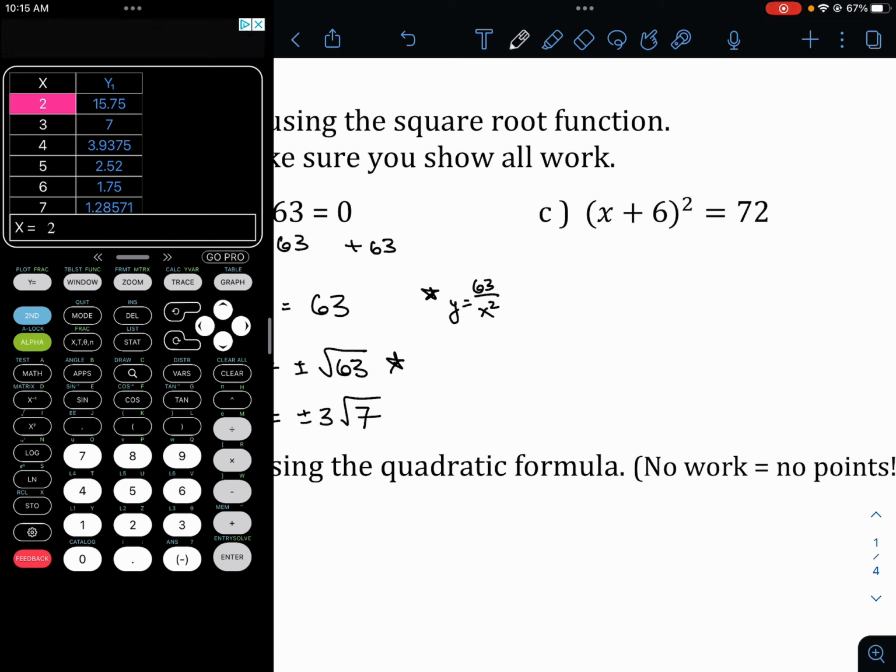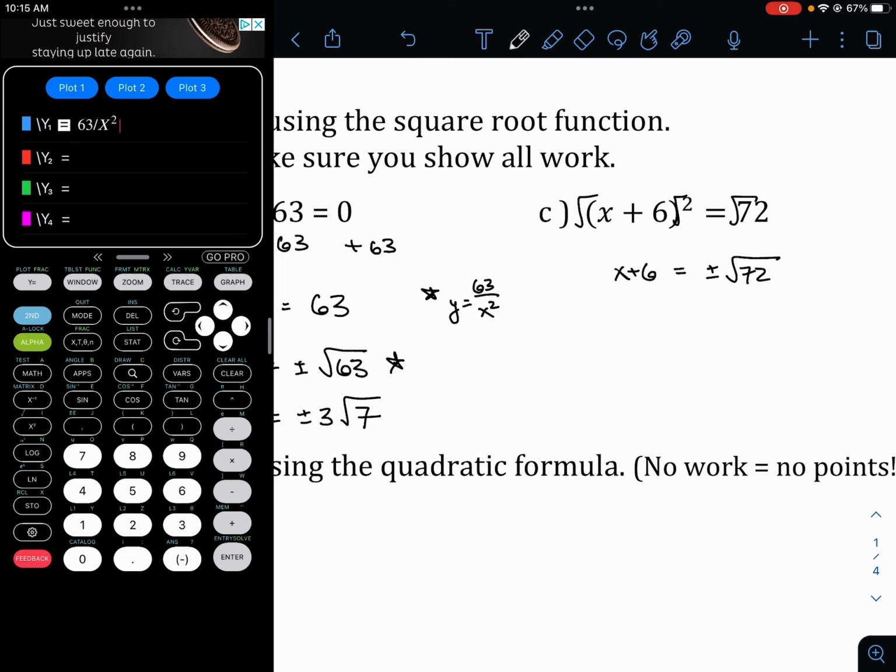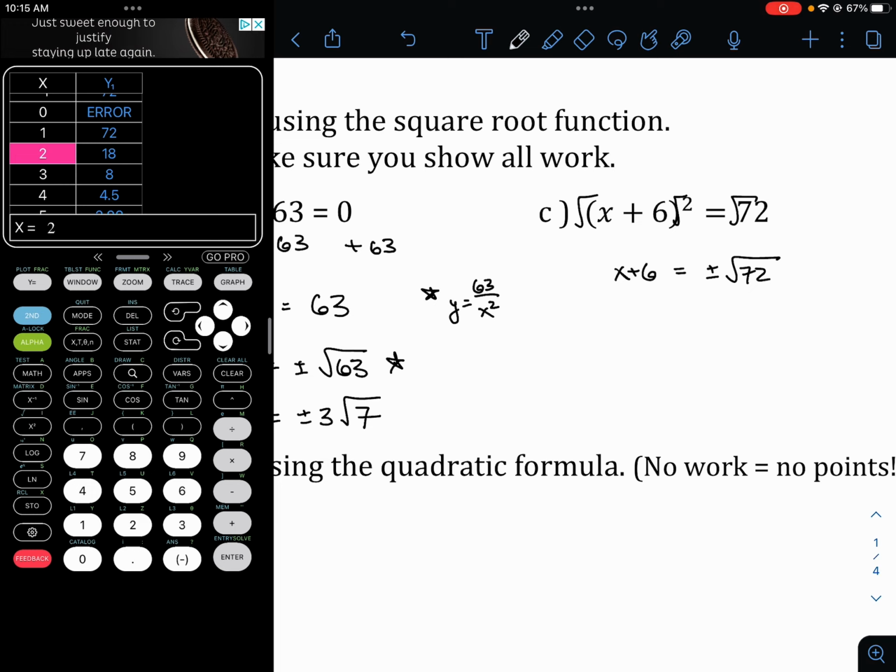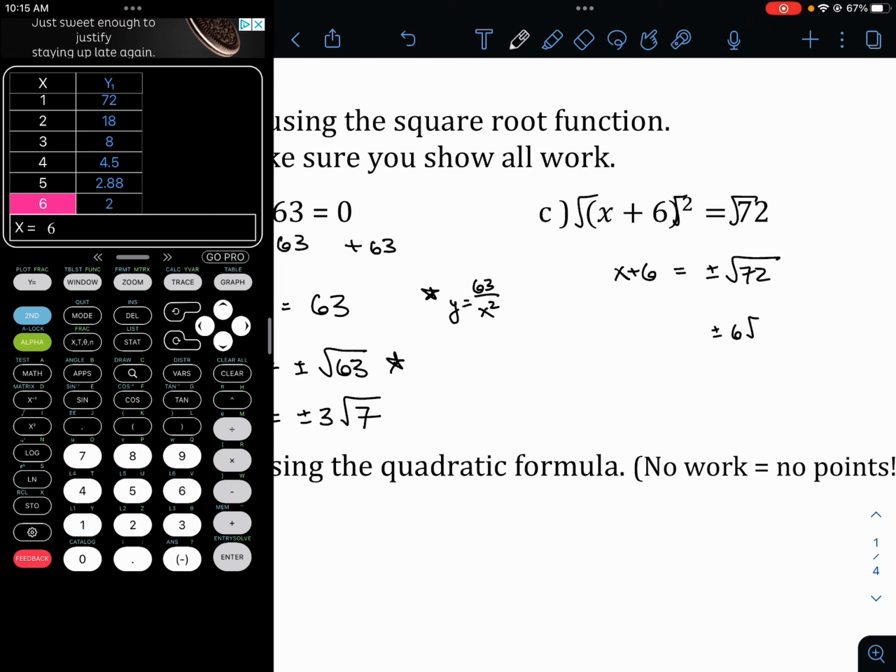Letter C here, we actually can square root first. So we're dealing with the square root plus or minus of 72. And we're going to break up that 72. So 72 divided by x squared. In the table, the biggest pair we have is 6 and 2, so it's plus or minus 6 roots of 2.